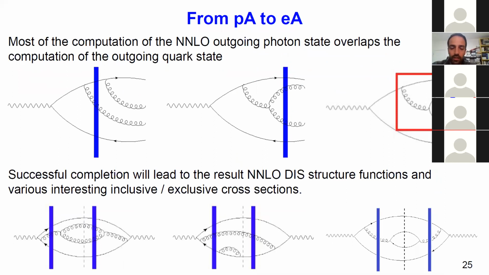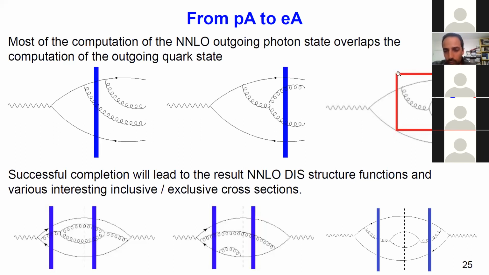Another thing is that we want to explore the possibility of making a transition from pA collisions to eA collisions. In order to compute the relevant outgoing state for DIS, we have to dress this outgoing state at leading order. Up to here, photon splitting to a quark, anti-quark is the outgoing state at leading order.